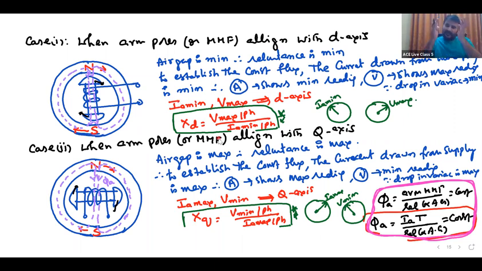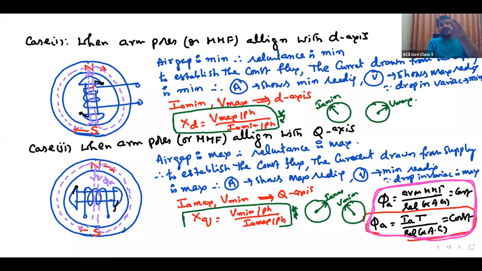So in this, our armature current is the Ia sin phi component, that is the reactive component, which is only magnetizing and producing the armature flux. Now you can remember very easily, this is the main key point. When armature poles are aligned with the direct axis, the air gap is minimum.